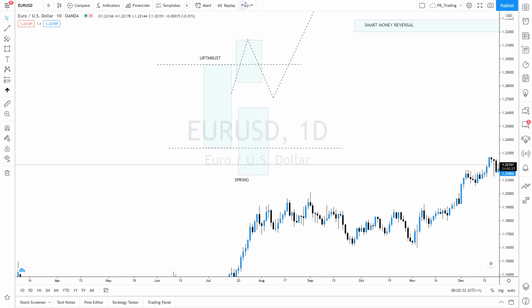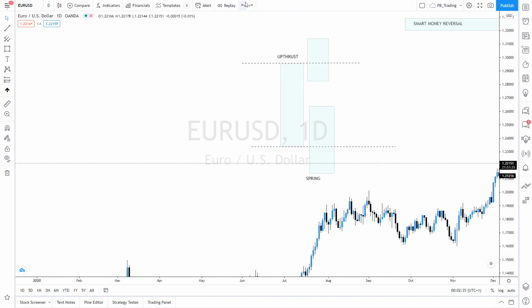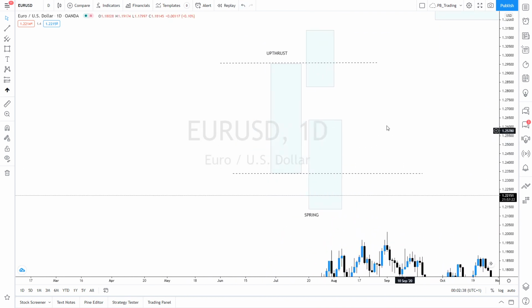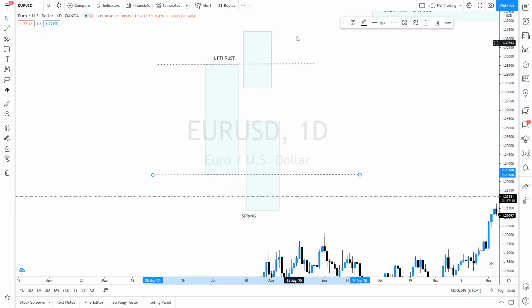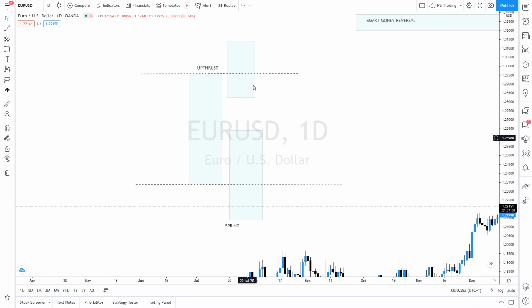Once we've established the meaning of spring and upthrust, and we know that 9 out of 10 times when there's upthrust, price pulls back into our daily range structure before doing what it wants to do. It could be going back to the uptrend or continuing the trend. It could be a complete reversal. But we are rest assured that almost all the time we are going to get a good pullback into our daily range, if price goes above our daily highs or comes below our daily lows.